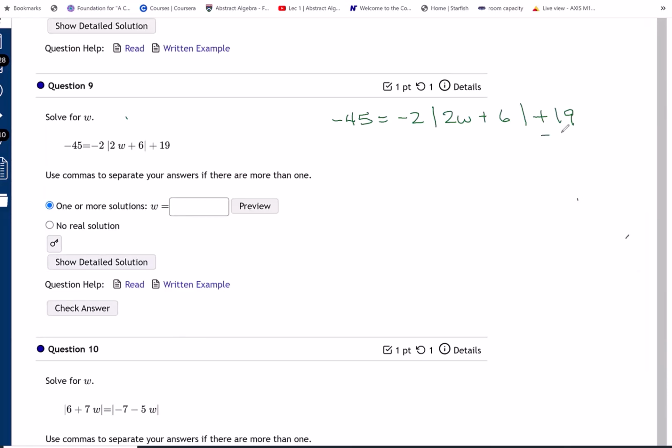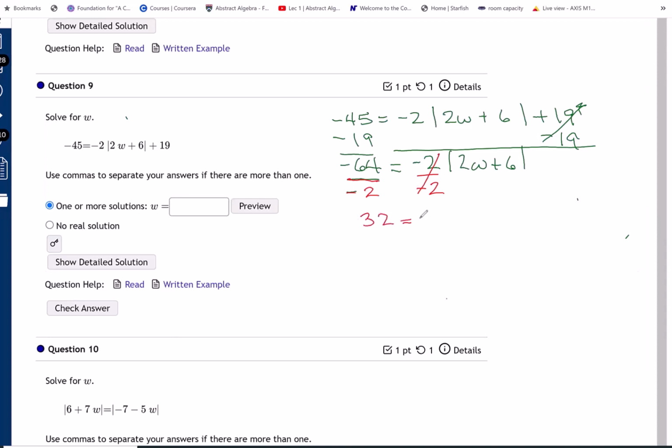First thing I'm going to do is subtract 19 from both sides. And I get negative 64 equals negative 2 times the absolute value of 2w plus 6. I divide both sides by negative 2. Now that negative 64 over negative 2 becomes positive 32 equals the absolute value of 2w plus 6.